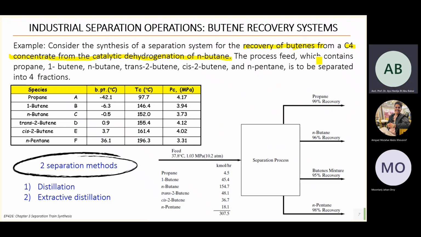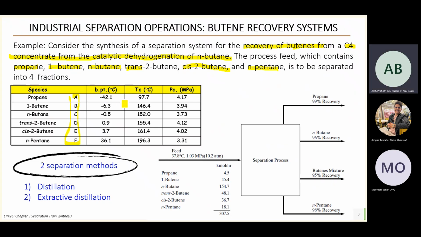The process feed contains these mixtures: propane, 1-butene, N-butane, trans and cis-2-butene, and pentane. So we have 6 components.